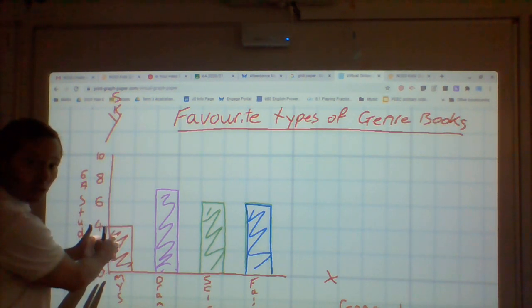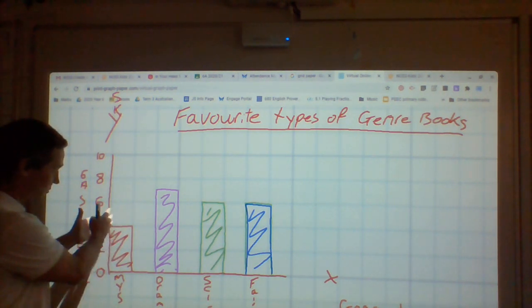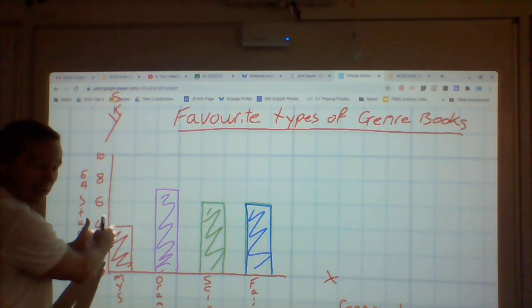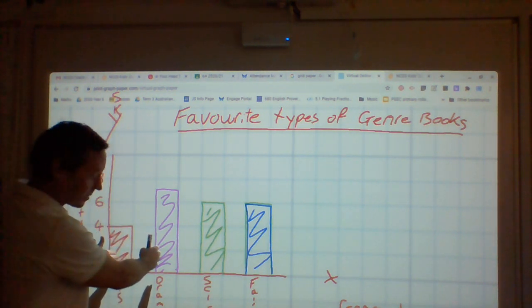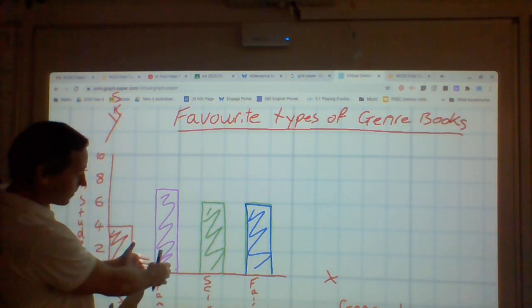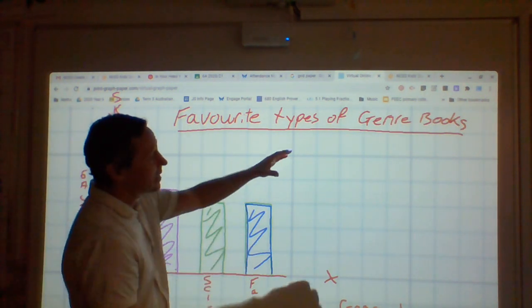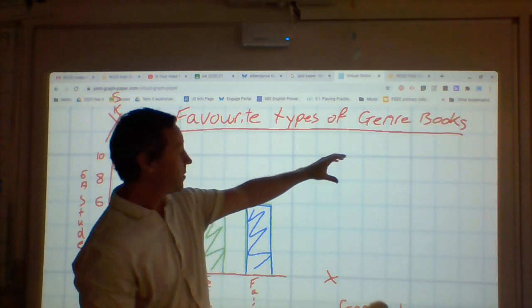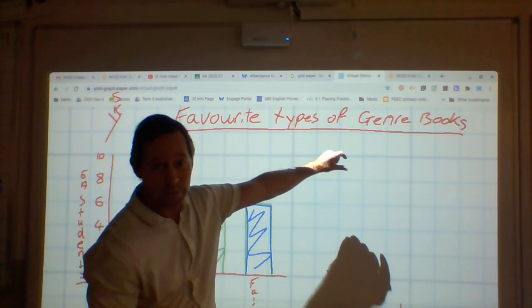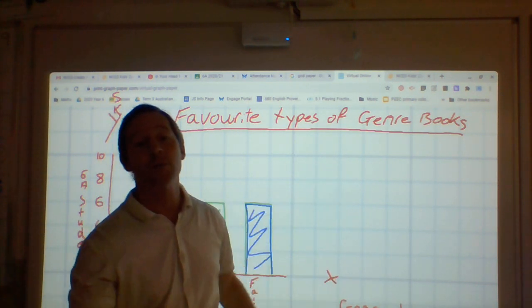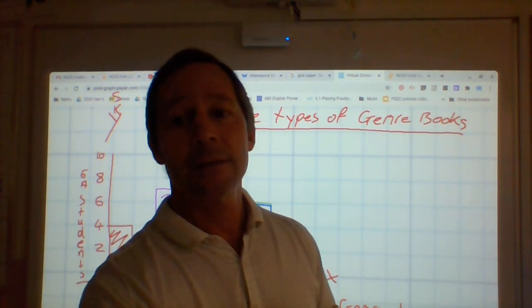So you'd have these 2 bars right next to each other, then a gap. The next one, drama: boy, girl, boy, girl. You'd have a key over the side representing which will be the boys and which will be the girls. But we can go on to that in the next session.